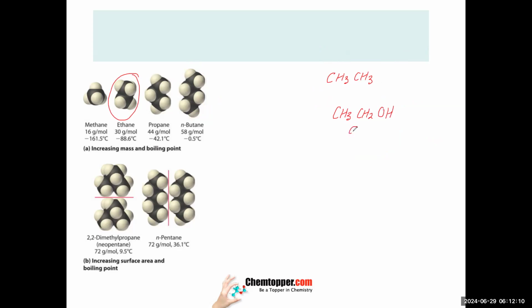If you remember, we did this molecule in empirical and molecular formula combustion analysis. Ethanol. We derived the formula. Out of this ethane and ethanol, according to your understanding, which one is going to have higher boiling point? Which one is going to have?